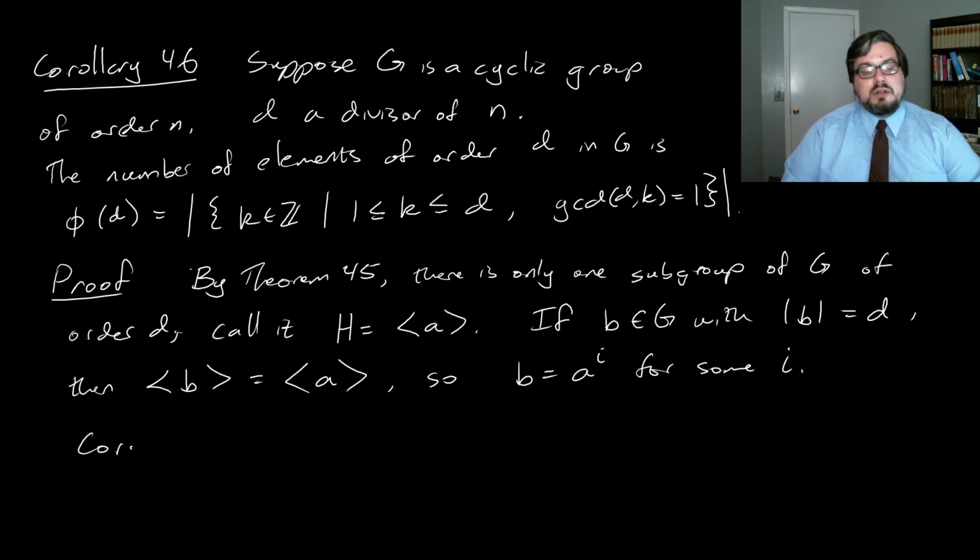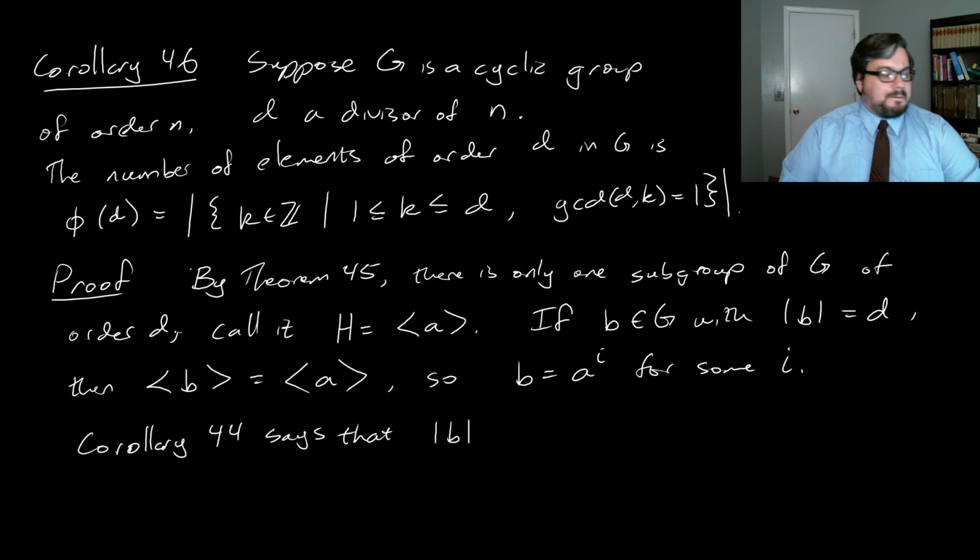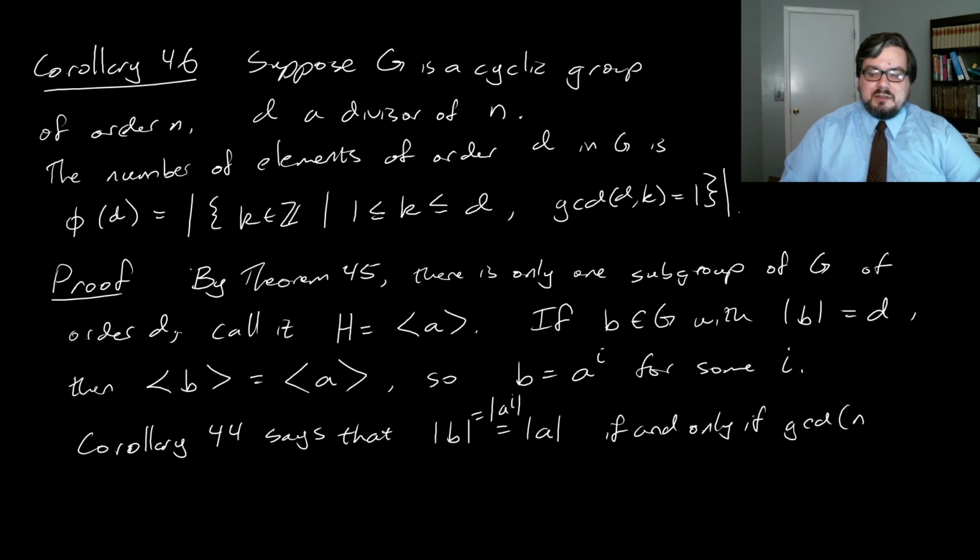Corollary 44, however, tells us that the order of B, where B is A to the I, is equal to the order of A if and only if the greatest common divisor of D and I is equal to 1.